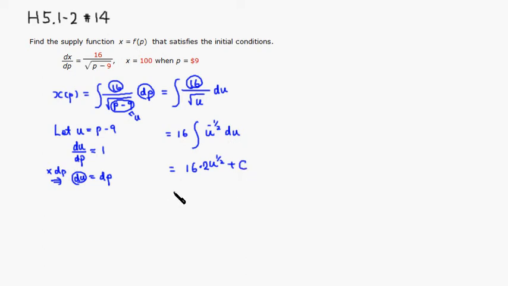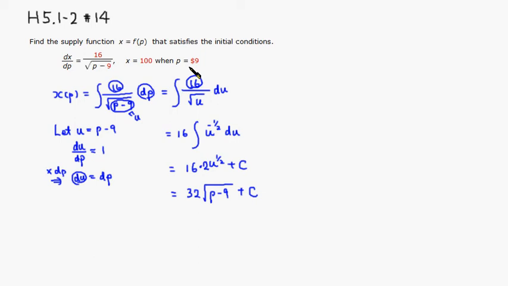Then we can clean up a little bit. 2 times 16 is 32. U in the original expression is the quantity p minus 9, raised to the 1/2 power. I'm going to write the square root of p minus 9, because it's the 1/2 power, plus some constant c.